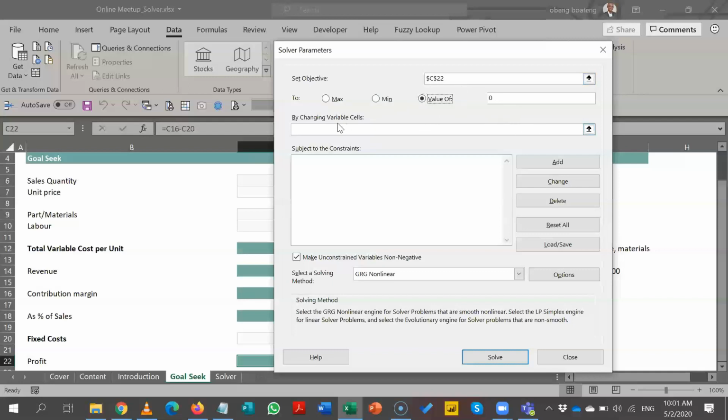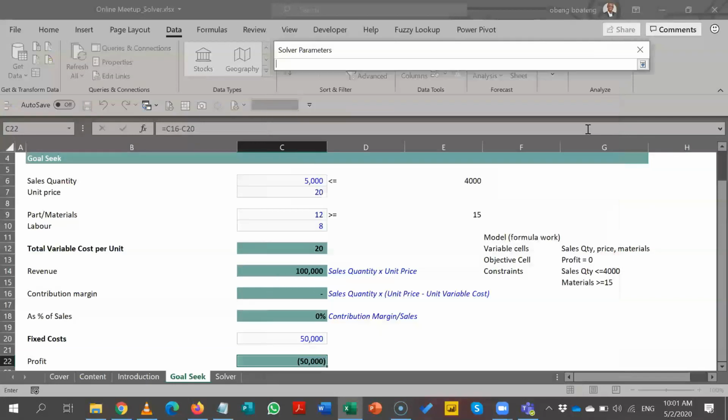Now, the next one is changing variable cells. So which cells should I change in order to get this 0? Here you click, and we are looking for the input cells that need to change. So I select 5,000. If they are not in a contiguous form, like following each other, you have to press Control, and then you select the second one.